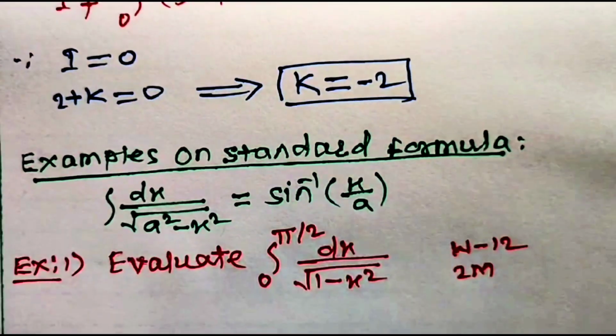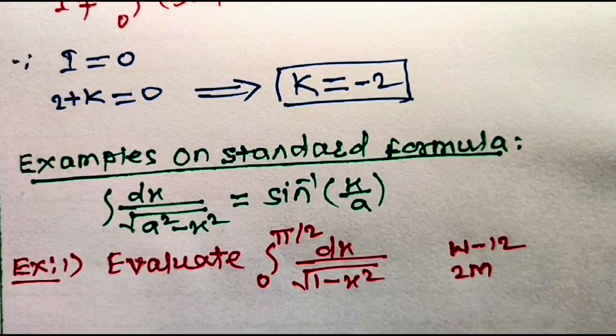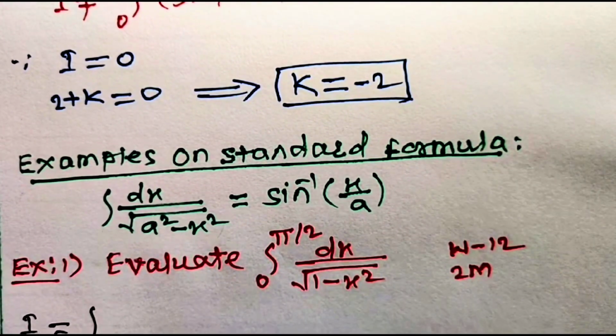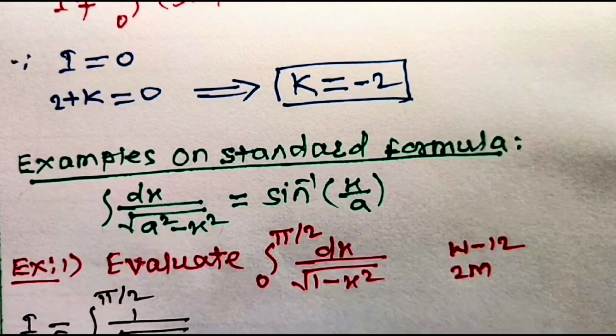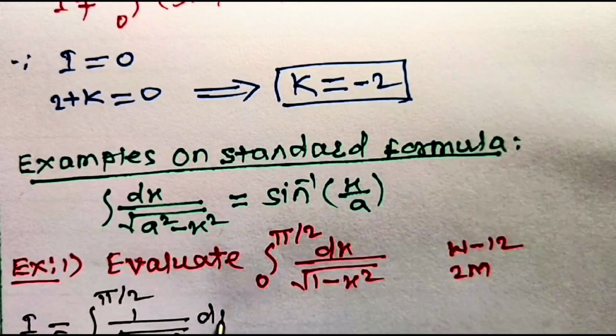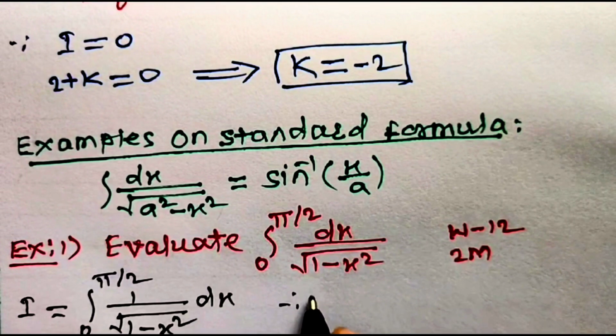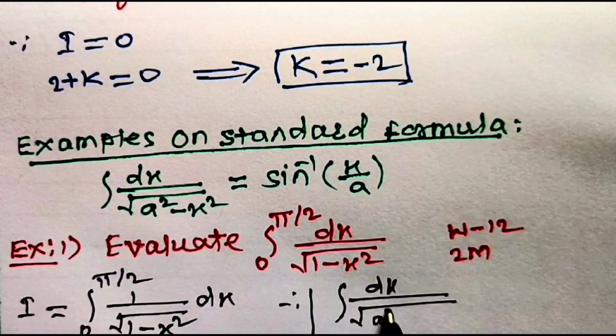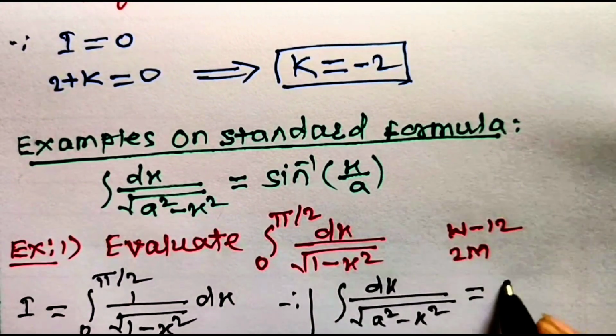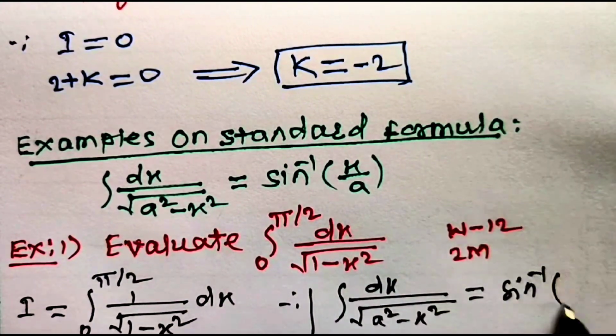To solve this integral, first of all, consider the given integral I is equal to integral from 0 to pi by 2 of 1 upon square root of 1 minus x² dx. So, you know this formula: integral of dx divided by square root of a² minus x² is equal to sine inverse x upon a.